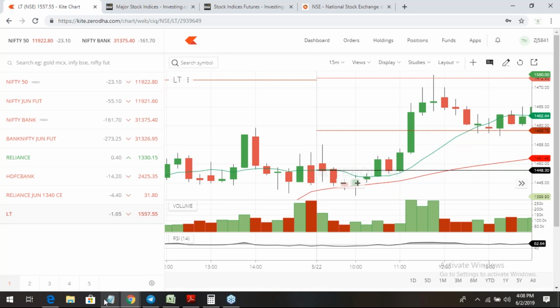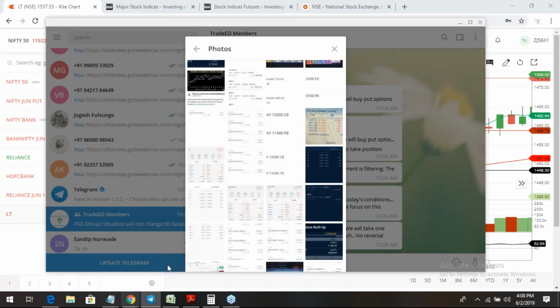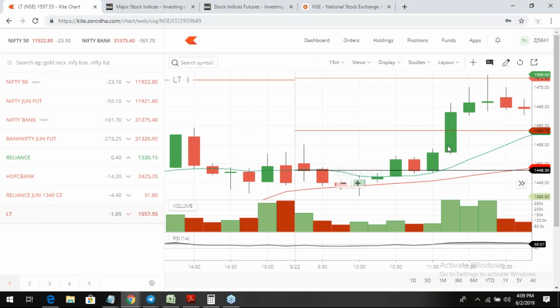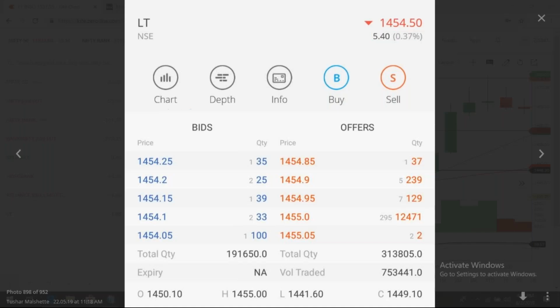See what happened. At 14:55, how many numbers did we see? 12,471 sellers. Everyone was saying free fall, the market will go down. I know some people say up, but why up?